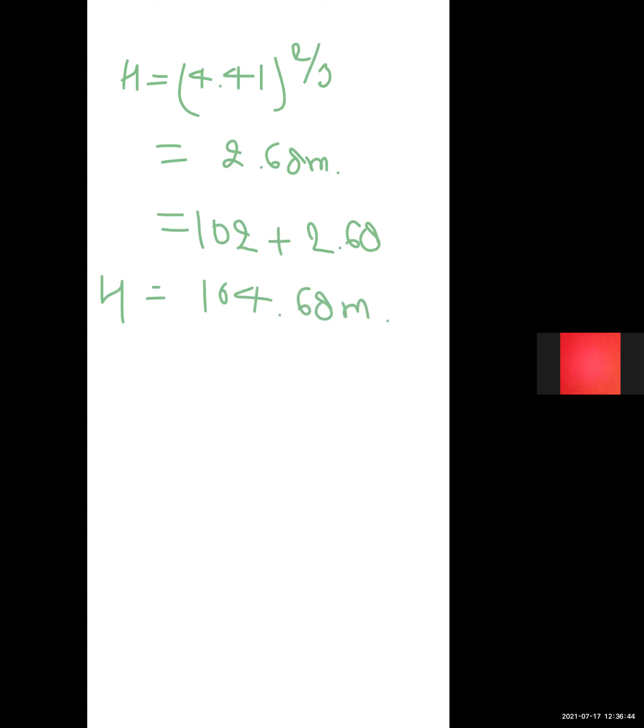So this is equal to 104.68 meter. Okay. So according to Lacey theory, we can find R, that is the Lacey regime depth, equal to 1.35 into (q squared by f) to the power 1 by 3, where f equal to 1, silt factor.